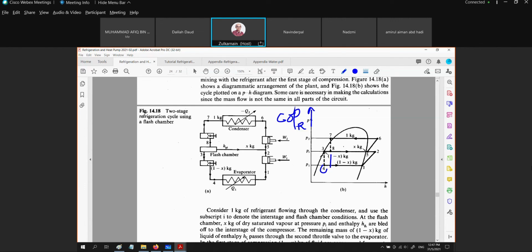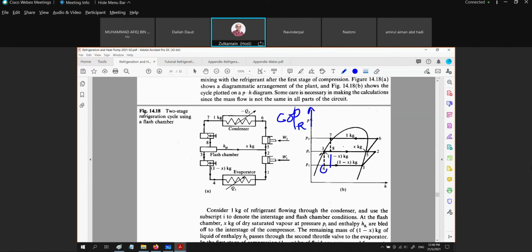But when we move the point 1 to the right, we are only increasing the Q41. There's no effect on the COP, because at the same time we do increase the work input. But if we bring the point 3 to the left, the work input remains the same, but we increase the Q41.